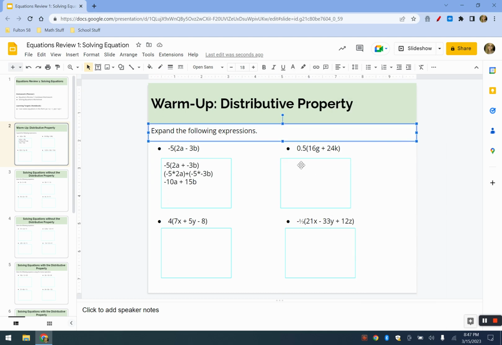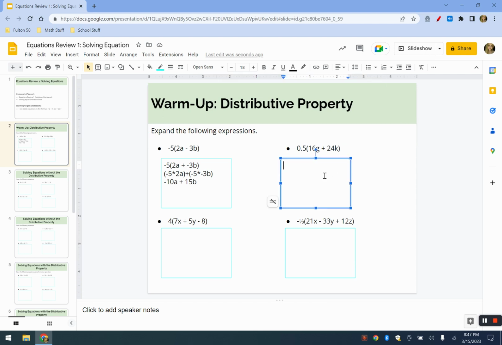Now on the next one, there is no subtraction to rewrite, so I'm just going to start multiplying. So this is 0.5, or a half, times 16g plus a half times 24k.